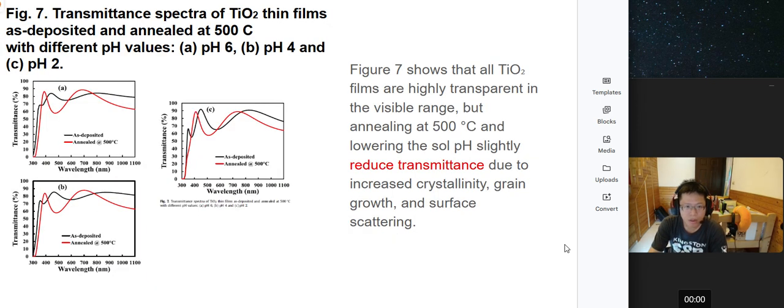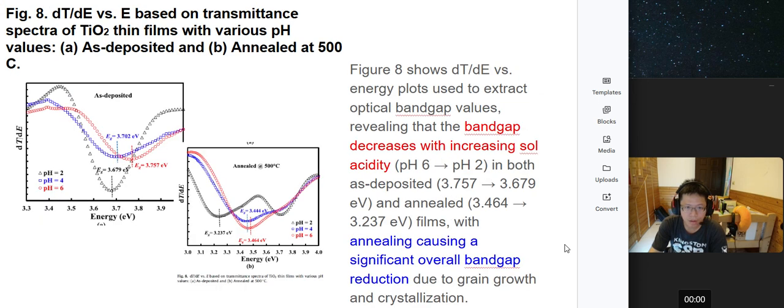When we see the transmittance spectra from pH 6 to the more acidic pH 2, the lower sol pH slightly reduced transmittance due to the increased grain growth and surface scattering.